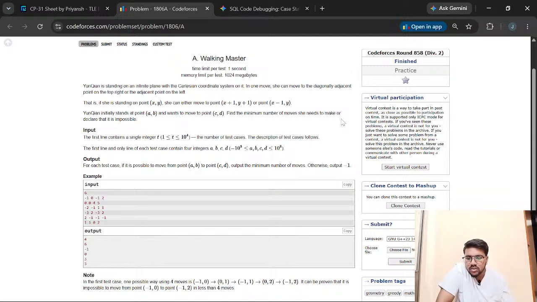Okay, moves: minus 1 comma 0, she is standing there, and then if she is going in minus, she'll go just left. 0 comma 2.